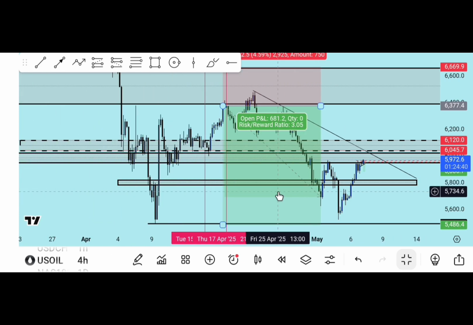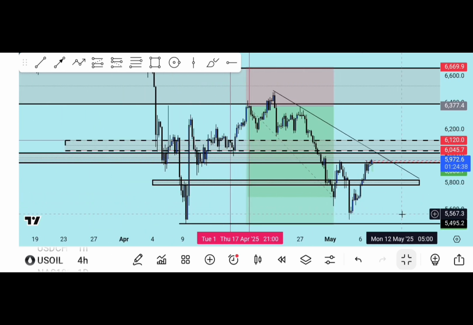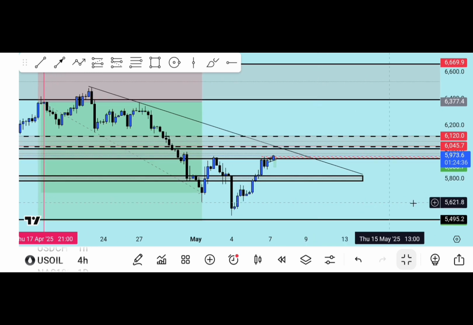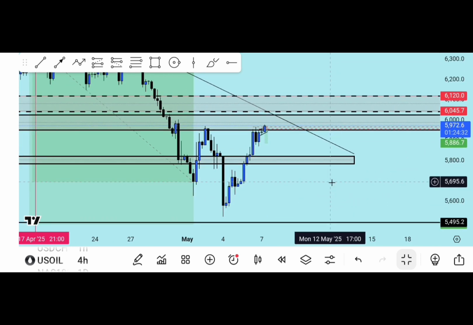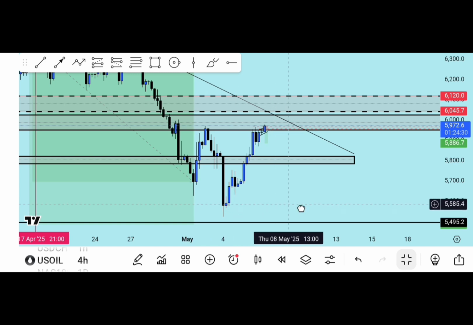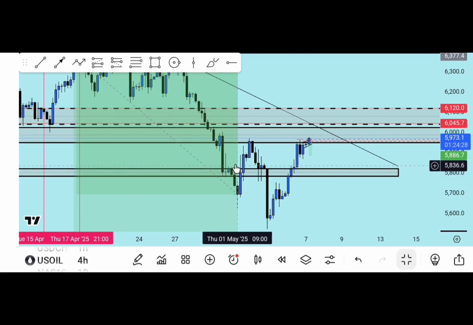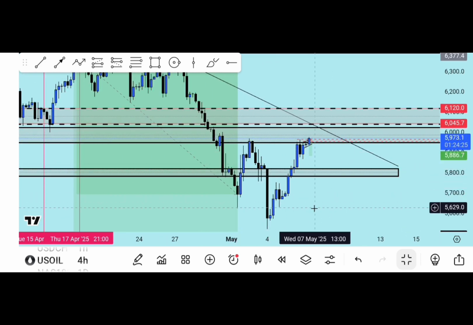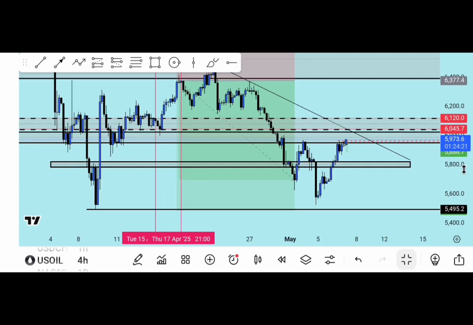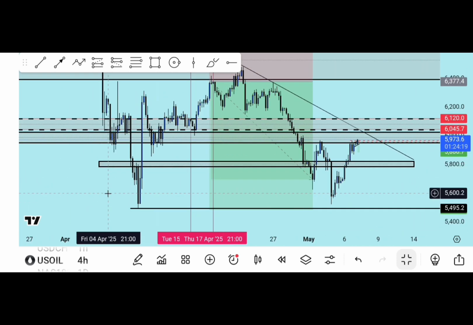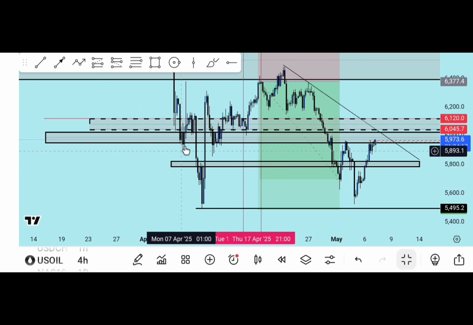Sorry, my chart is a little bit messy, but it's all for the explanation. Now you see price on the 4-hour time frame is moving to the upside, right? So since price is moving to the upside, what do we see now?